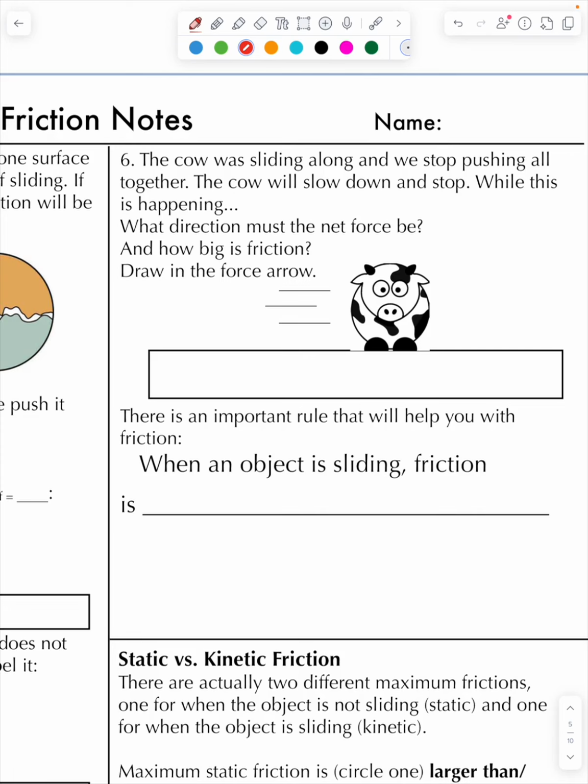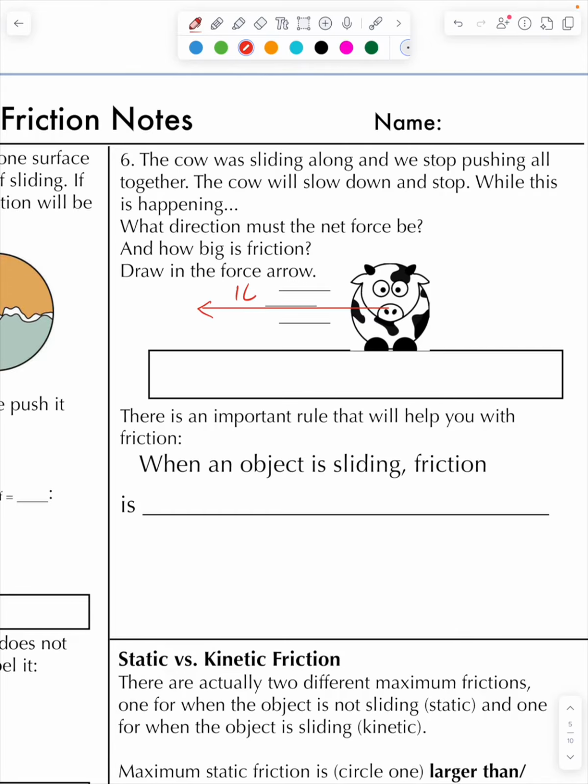While this is happening, while it's sliding but before it comes to a stop, which direction must the net force be? Well, it's going to be in the opposite direction the cow is moving. If the cow is moving to the right and slowing down, the net force must be to the left. Now, how big is friction? Did you get this? 16 pounds.